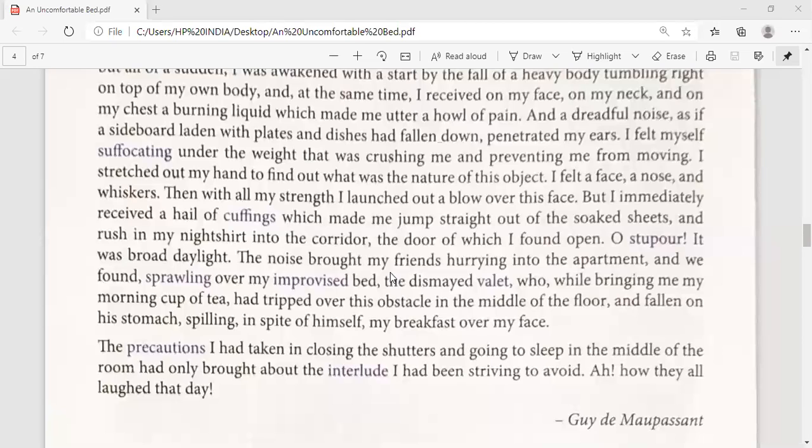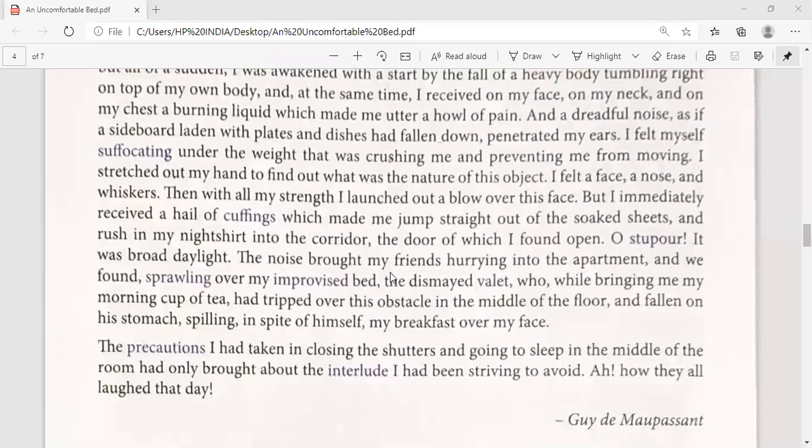You have one friend who always plays a joke on you, and you always feel that this time also he has played something. But the narrator was so doubtful, so suspicious, that he checked all the things and slept in the middle of the room. But what happened? He made a joke of himself.